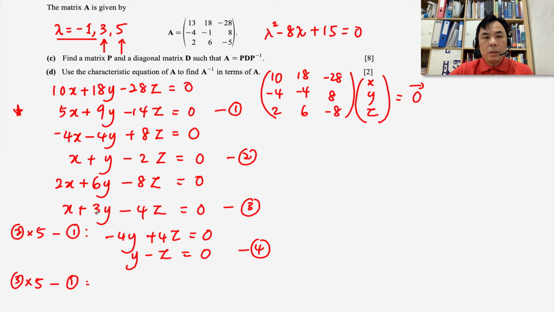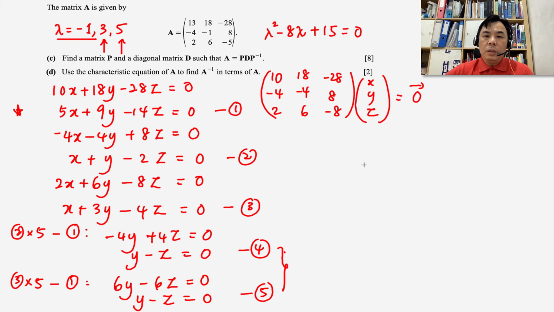And then after that, I'll have 5, 15, then that will be a 6y. And then 5, negative 20 with this is negative 6z equal to 0. And then I will be able to reach this conclusion here. Now it's very important to get 4 and 5 to be exactly the same, right?